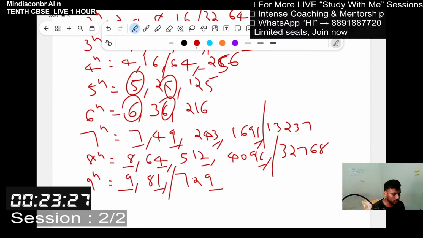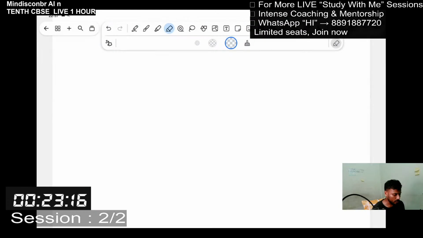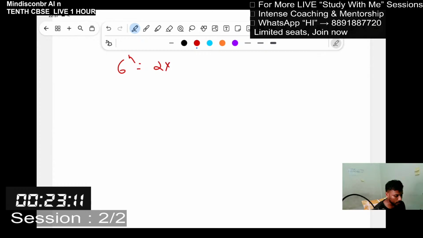To prove that 6 raised to n doesn't end with the digit 0, we write 6 raised to n is equal to (2 into 3) the whole raised to n.